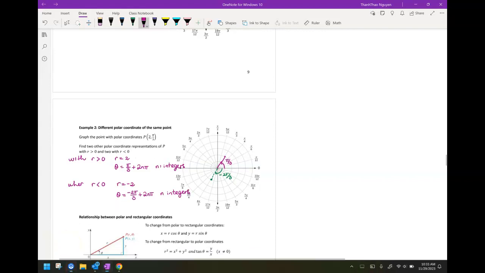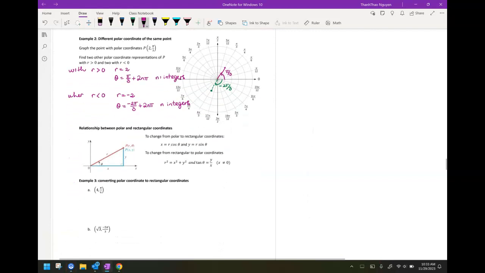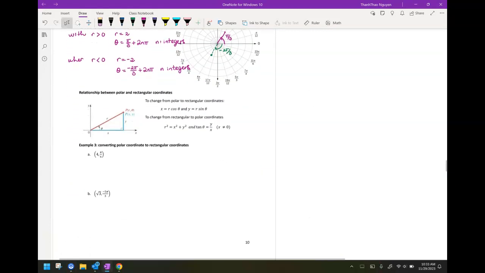Let's talk about the relationship between the polar and the rectangular coordinates. To change from polar to rectangular coordinates, as we have earlier, the point P (r, theta) is a point whose distance from O to P is r, and theta is the angle between PO and the polar axis.